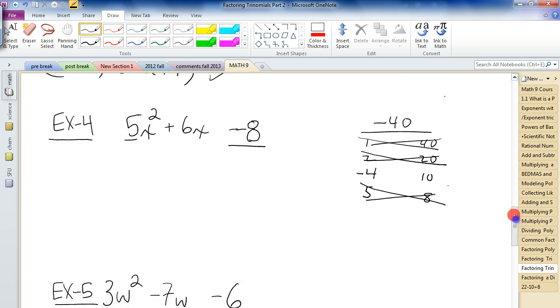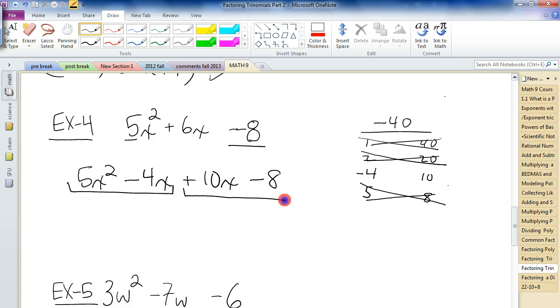Okay. So, this becomes 5x squared, and then these two become negative 4x and positive 10x. There is my rewriting of the 6x, minus 8. There's my first group. There's my second group. In my first group, I pull out what's common, just an x.